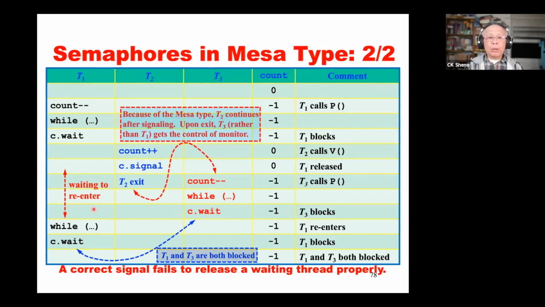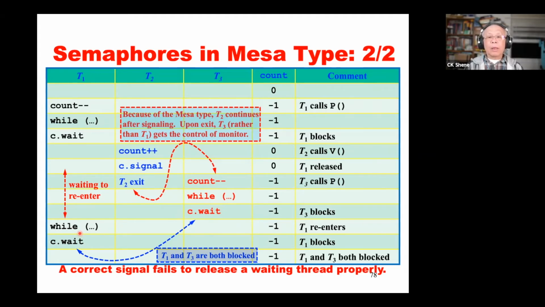The monitor mechanism is able to release T1 so that T1 can come in. Now remember that the counter value has been reduced to a negative value. So when T1 comes in, T1 will see that the counter value is negative, and T1 waits again. So T1 and T3 are both blocked.